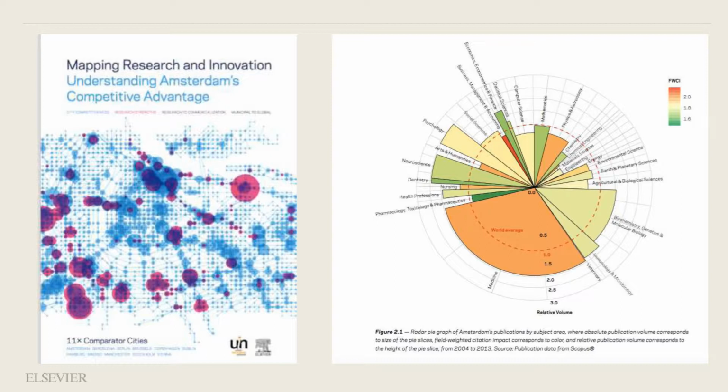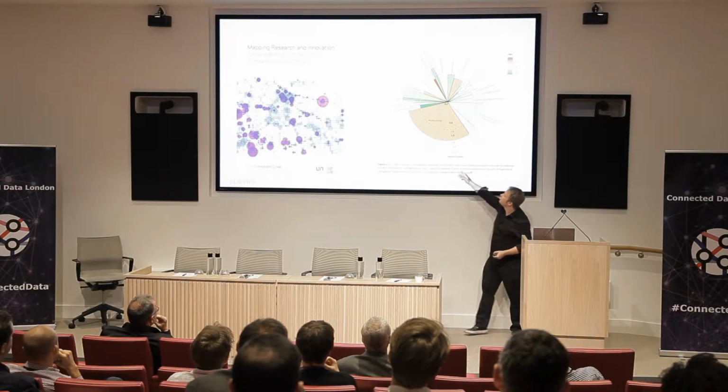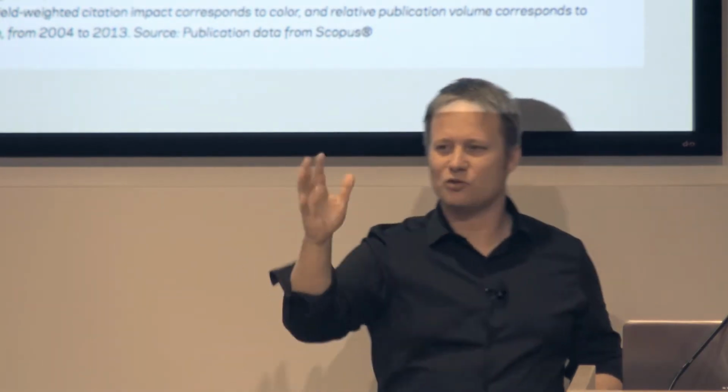So we can tell Amsterdam, hey, well, the world average citation rate is something like 1.0. In medicine, we have to categorize everything as medicine. You have a lot of output that's pretty good. But by the way, if you look at neuroscience, it's not a lot of output, but you're really great in neuroscience. And then we can compare it to cities like Barcelona.